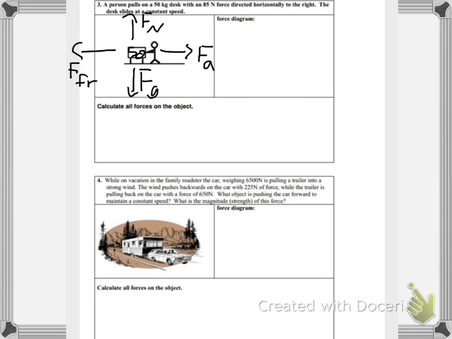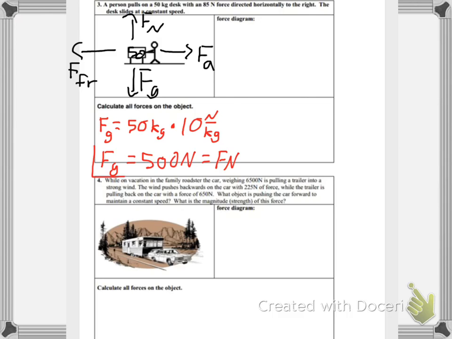So calculate all the forces here. A 50 kilogram desk. So right away we've got that force due to gravity: the mass, in this case 50 kilograms, times the gravitational field strength, which is 10 newtons per kilogram. So the force due to gravity is going to be 500 newtons, which is also the normal force.